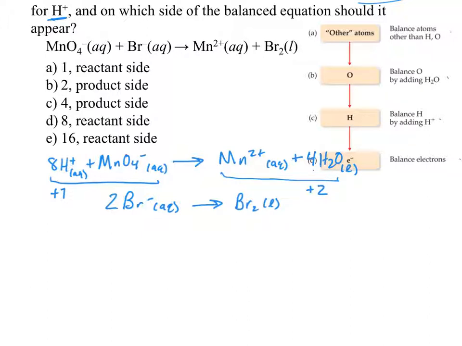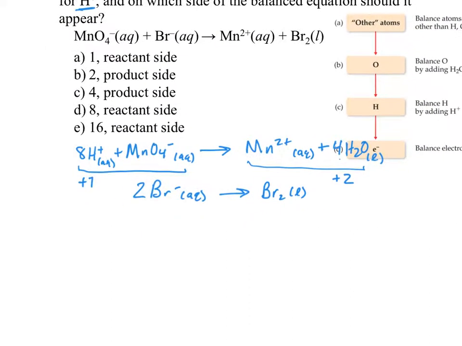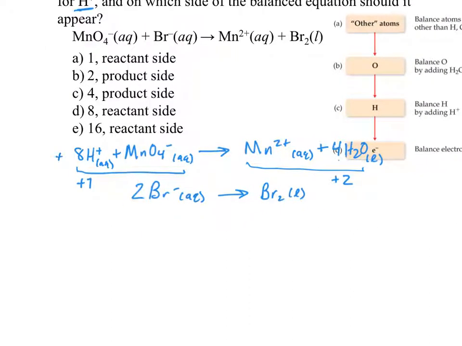So if we want to make the charges equal, and we can only add minus charges for our electrons, what do we need to add into which side in order to balance out our electrons? How many? 5 electrons. Which side? On the reactant side. So now our total, if we include our electrons on the reactant side, is +2.